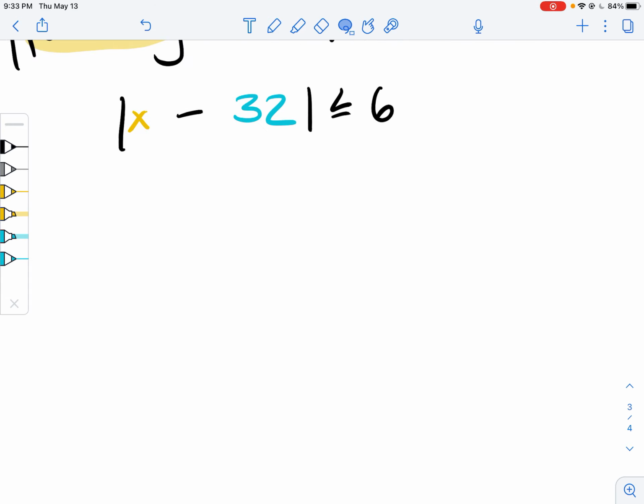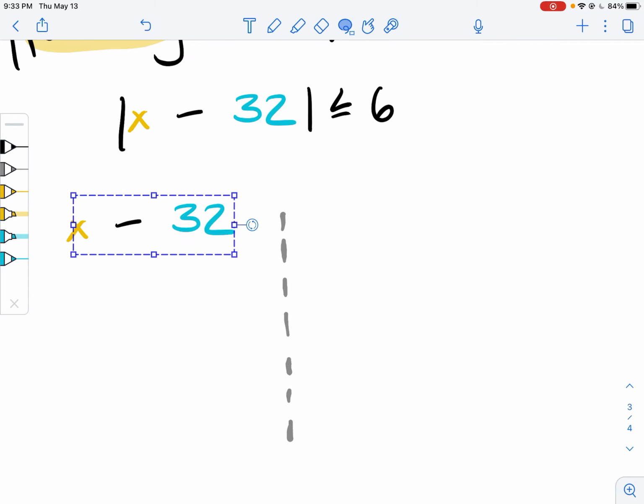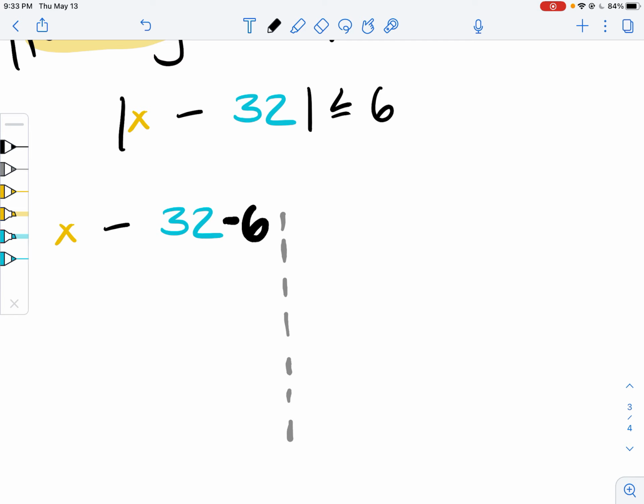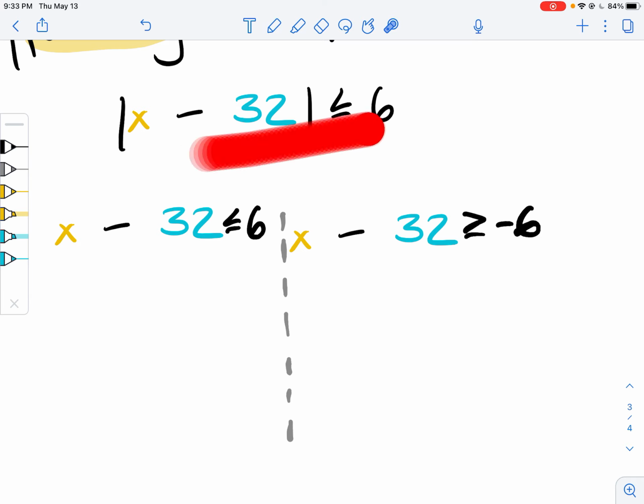So if the absolute value is less than or equal to 6, then either X minus 32 itself is less than or equal to 6, or X minus 32 is greater than or equal to negative 6, because these numbers are going to be closer to 0 than 6 is.